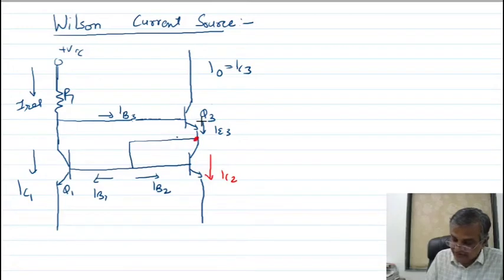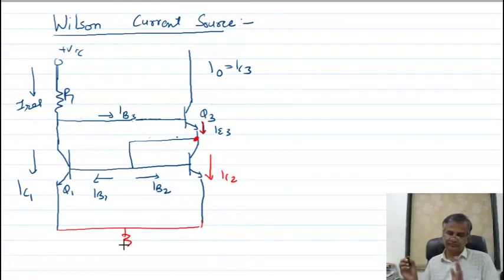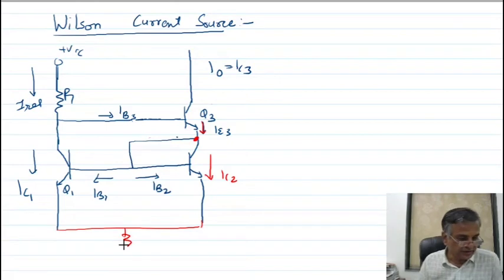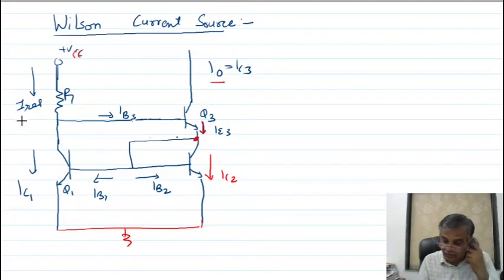From this one current is going like this, one current like this, and these two are short circuited and it is ground. This is your Wilson current source circuit. And in this IO is nearly equal to I reference, that I have to prove.